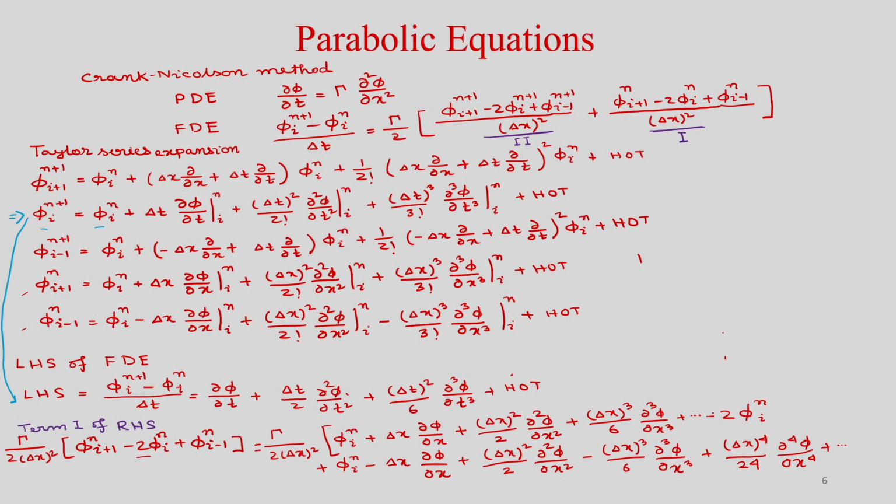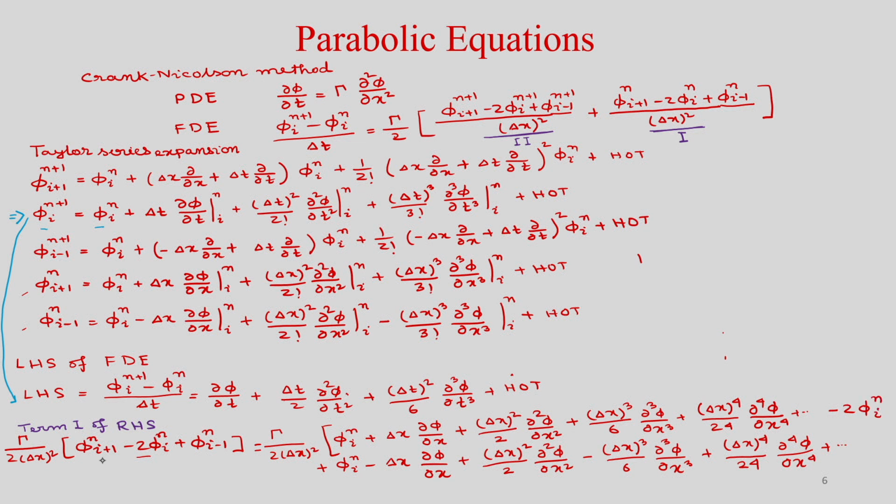And here also you write another term: delta x 4 by 24 del 4 phi by del x 4, the other term, and minus 2 phi I n.